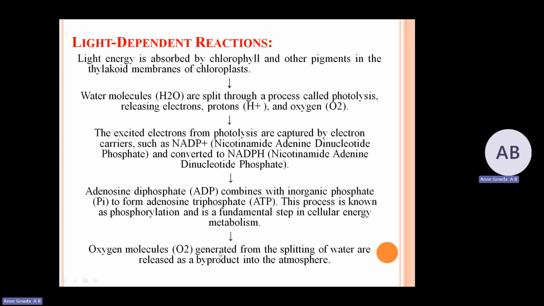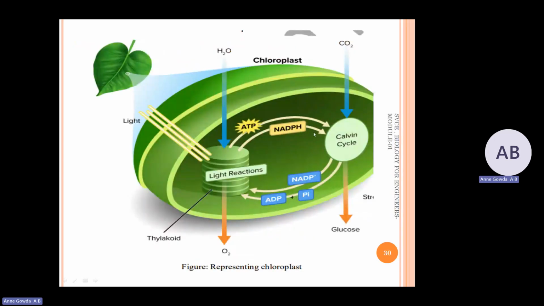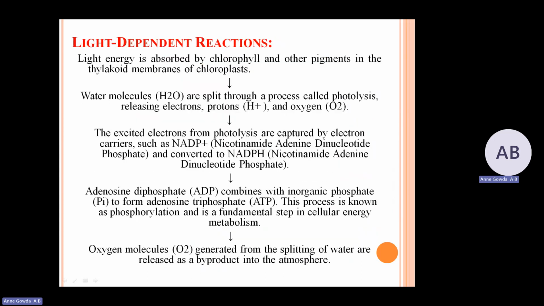Okay, which is shown in the star symbol here, ATP, adenosine triphosphate, which is very essential for this entire process of photosynthesis. This ATP will be generated from the adenosine diphosphate through the process of phosphorylation.